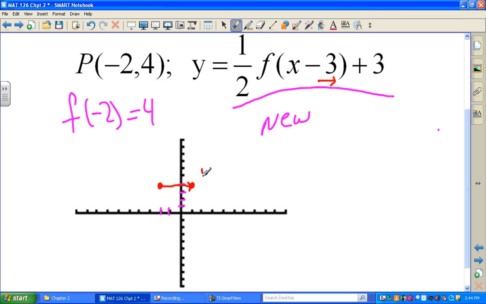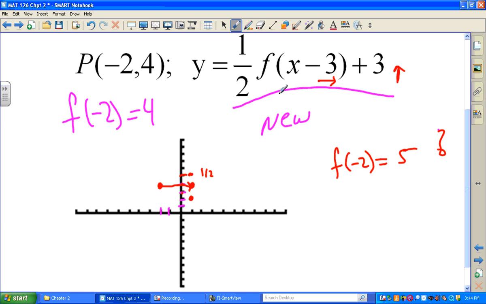Because I'm going to compress it, half of 4 gives me 2. All right? Then the +3 moves the entire graph up 3. So I go up 1, 2, and 3. So my new point should be f of negative 2 would actually equal 1, 2, 3, 4, 5.